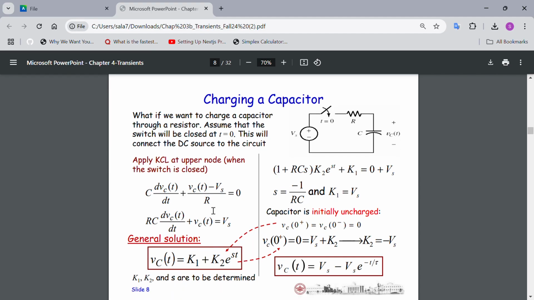If you multiply both sides by R and take Vs to the other side, where the voltage of the source is constant, since we are assuming a DC source that is not changing, we have Vc by itself without any coefficients, and the first derivative with the coefficient RC.